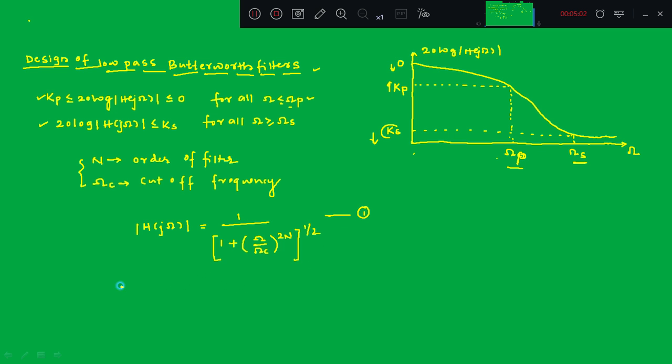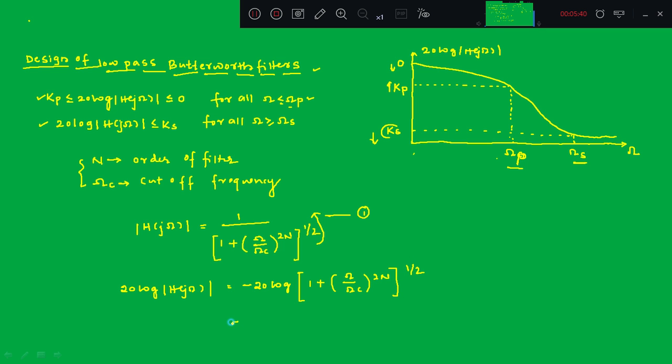So we take 20 log of |H(j omega)| is equal to 20 log of the expression. If I take this denominator term to the numerator, it becomes minus 20 log of (1 plus (omega by omega c) raised to 2n) raised to 1 divided by 2.